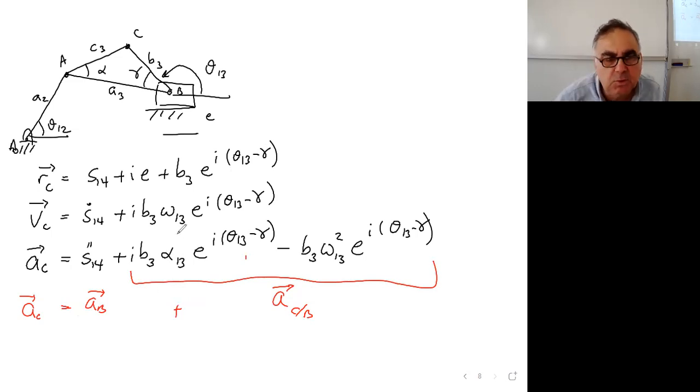Once you solve for the mechanism using the loop equations, you can always get the solution for any point. That point C is called the coupler in mechanism language.